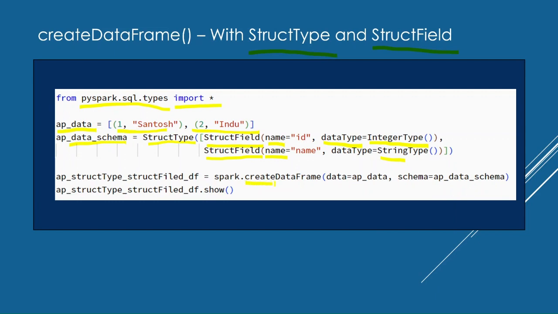Here we are calling the same createDataFrame function, and we are passing two parameters, data and schema. This AP data we are supplying as the value, which we have defined here.